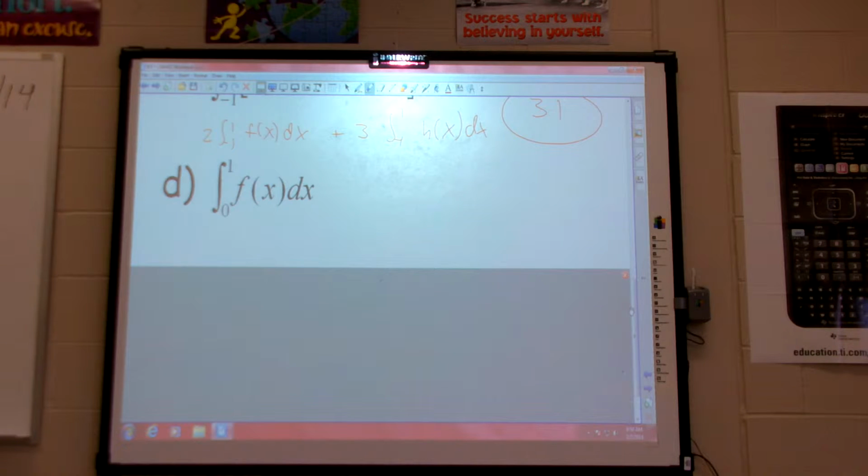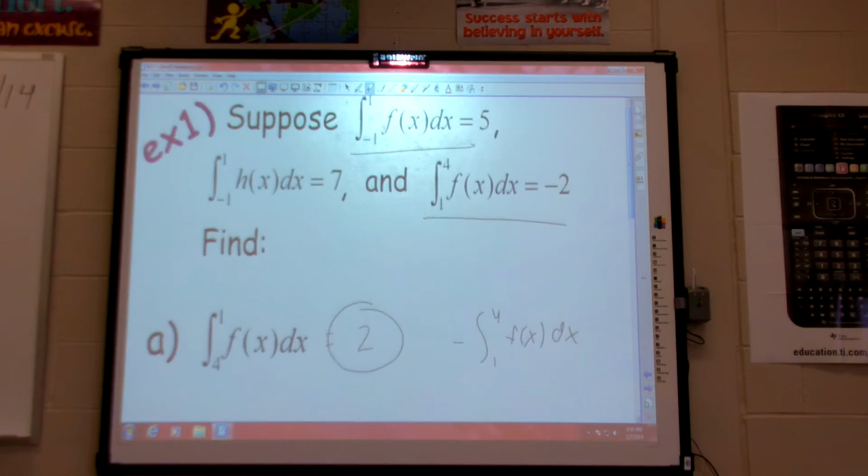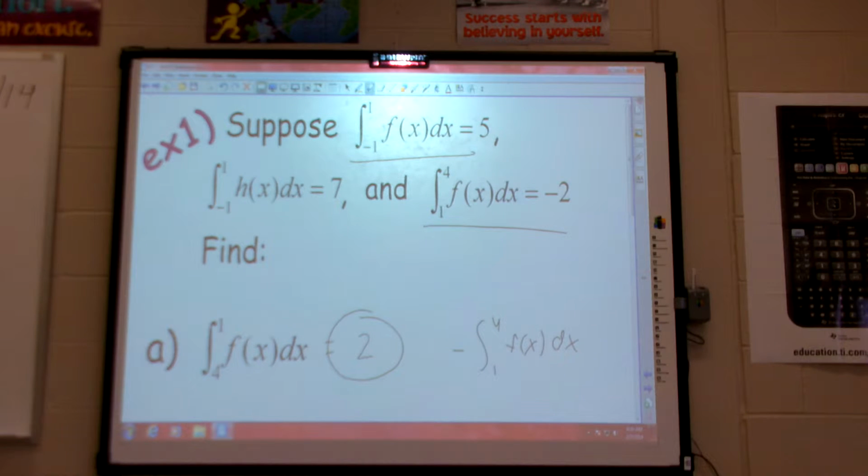0 to 1 of f of x dx. What do we think there? Zero to 1.